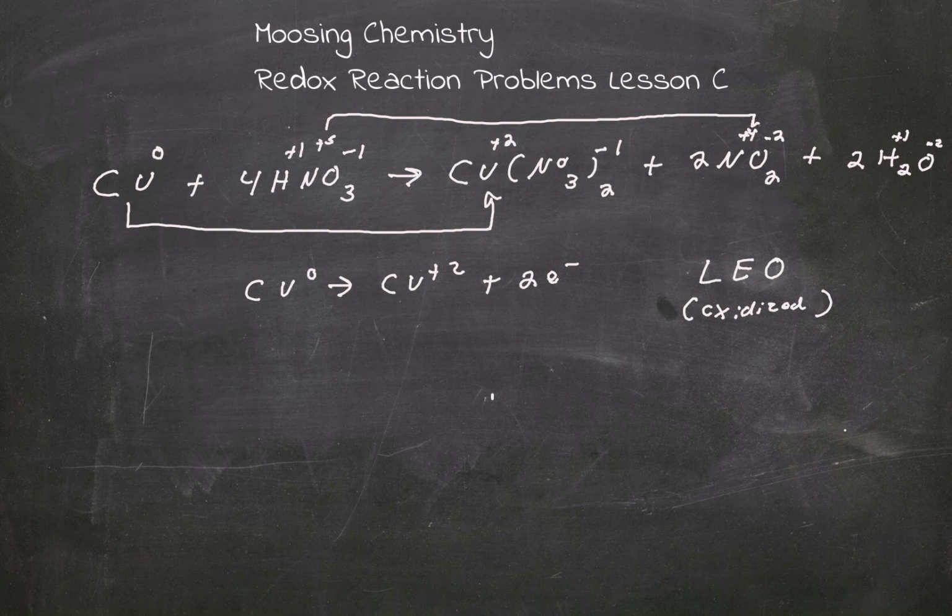So let's see here. The N is going from a +5, and it's gaining 1 electron, so it becomes N is +4. This is Gain Electrons Reduction, it's gaining electrons, therefore it's reduced.